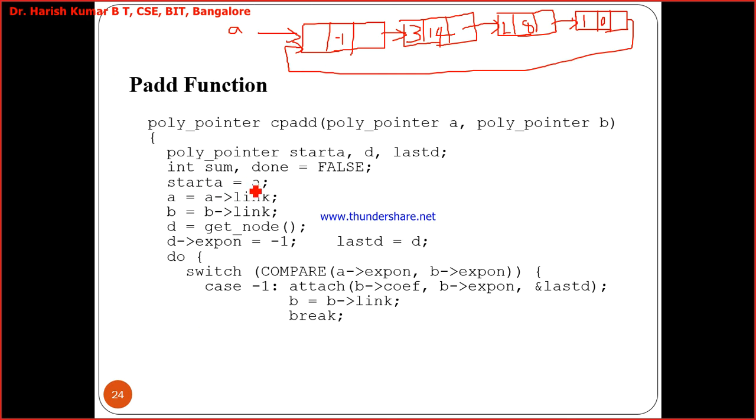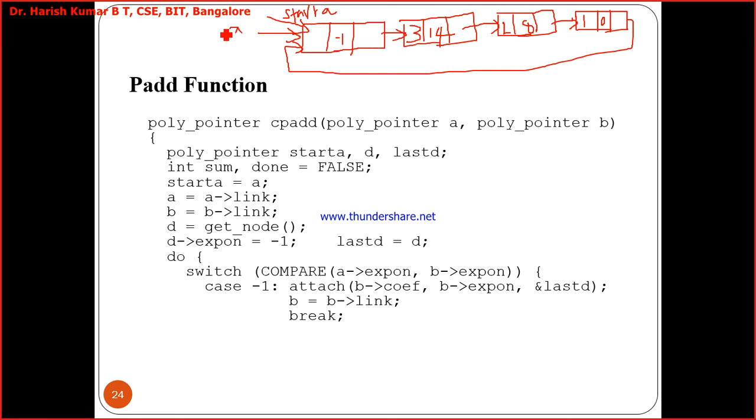Now when I say start A is equal to A, even start A starts pointing to this. Start A is also pointing to this, but my actual polynomial terms are starting from here. Correct, right? Now what I'm doing is A is equal to A arrow link. A is right now pointing to this node. Now I don't want A to point to this node, I want A to point to this node. So I have to make A travel from this node to this node.